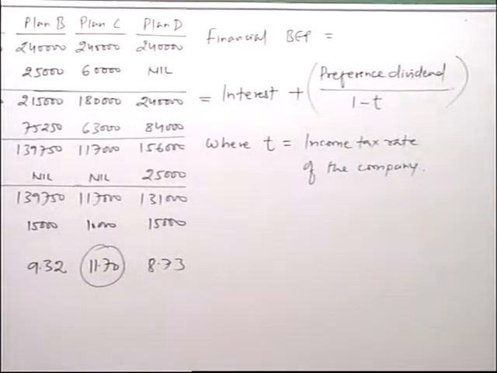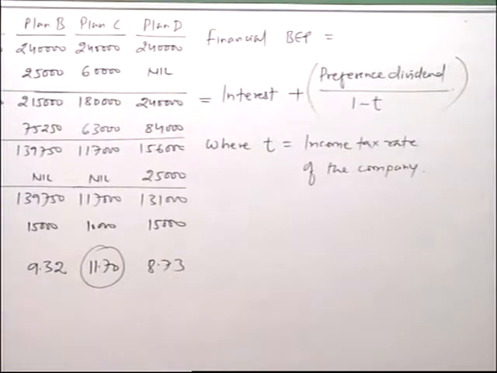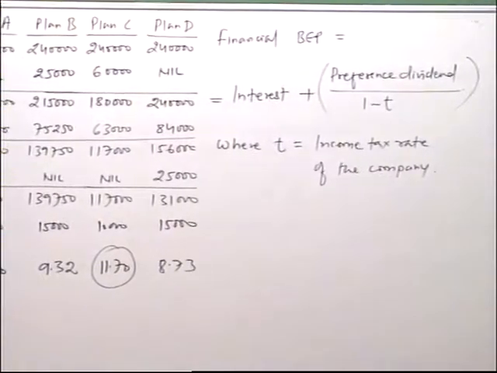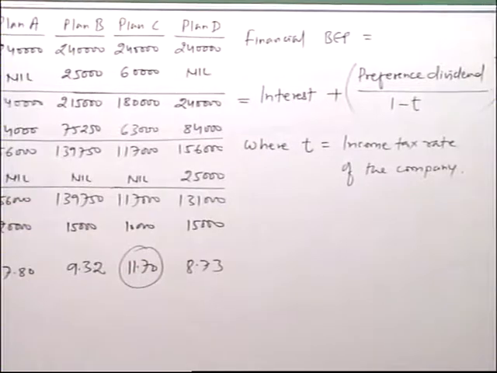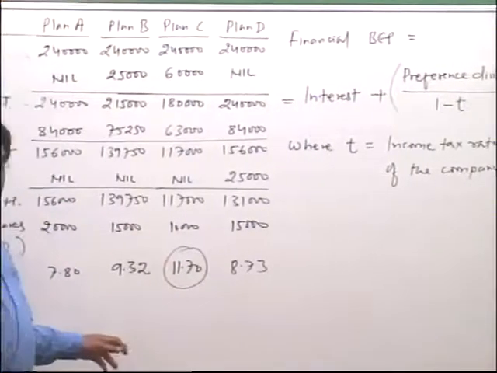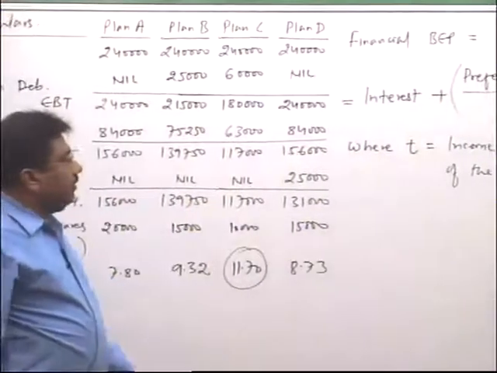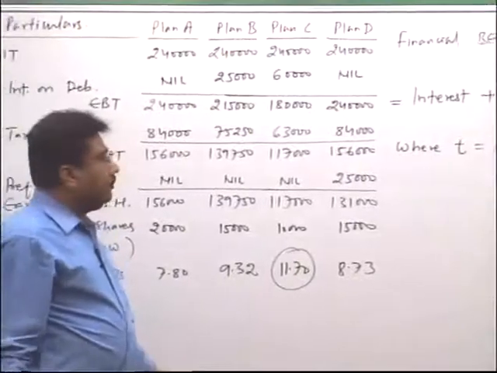Now, if you see the question, it is also written: calculate financial break-even point. Under all the 4 plans, we will calculate this financial break-even point by using this formula.